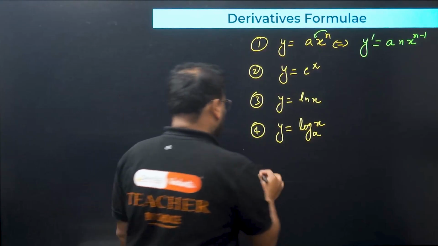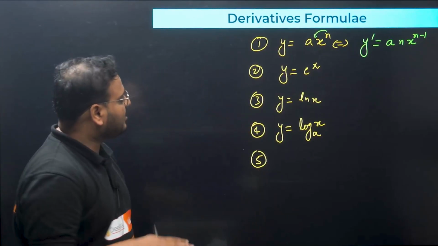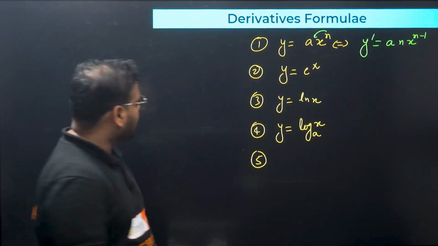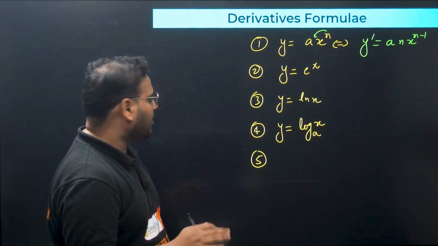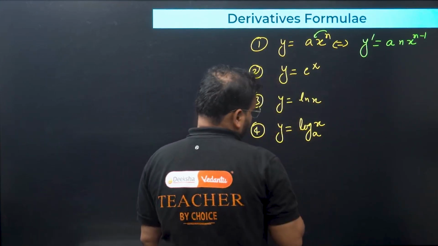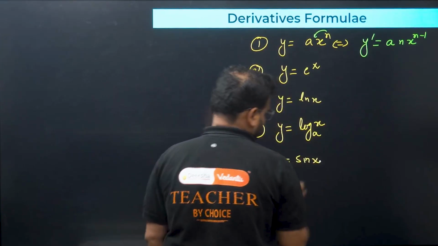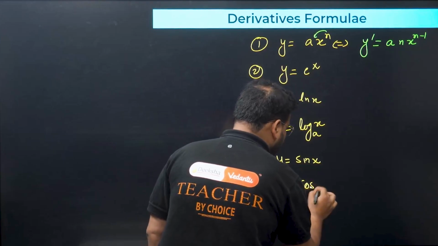Formula number 5. Anything I'm missing? Exponential is done, logarithmic is done. Of course, I'll have trigonometric functions. So fifth one, we'll have y equal to sin x. Sixth one will be y equal to cos x.